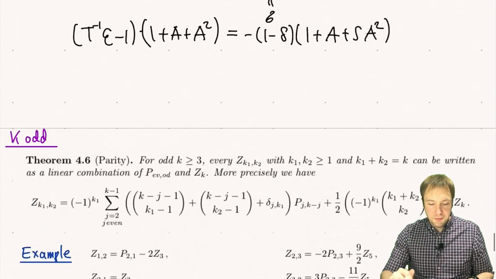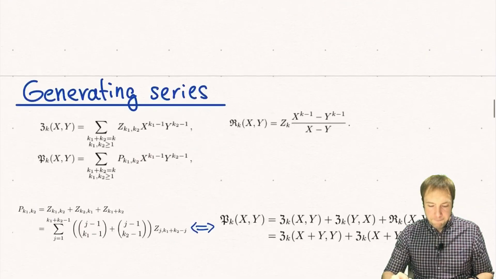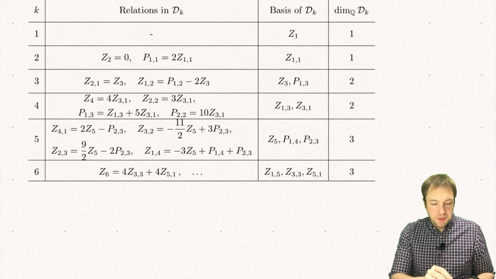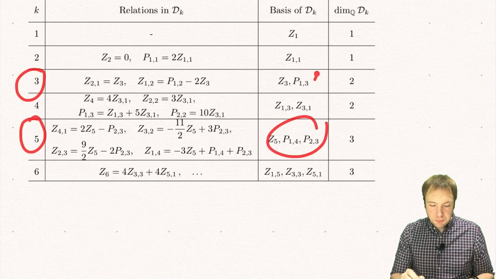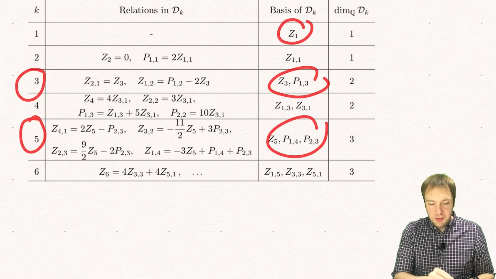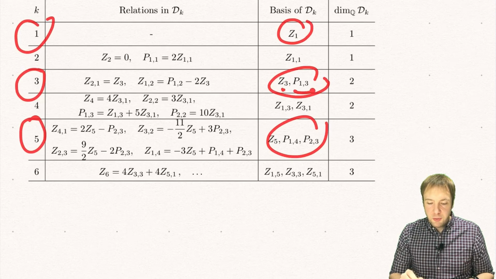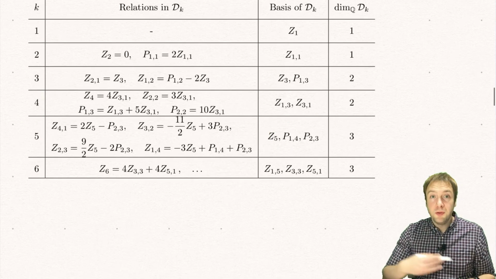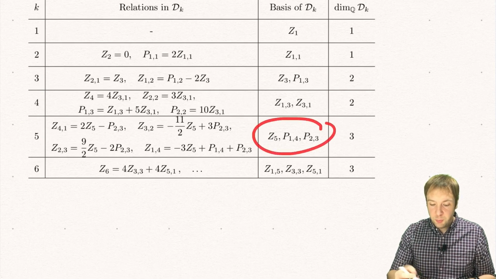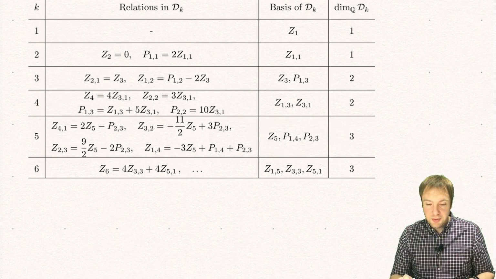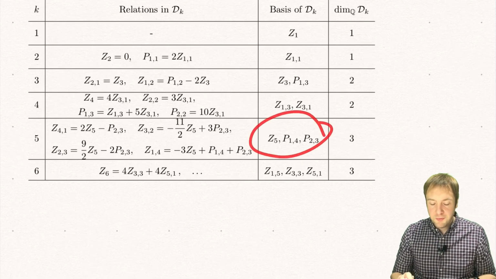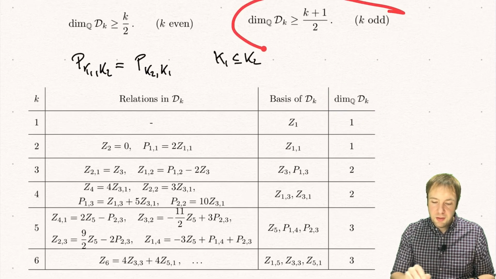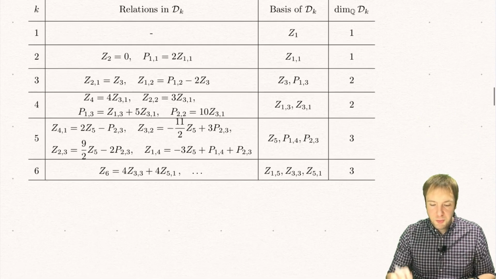at the beginning I gave this table here for relations in dk, and the statement was that in odd weight these zk and these products give a basis, and this follows now from this. At least we can see that these generate our space, and because the number of these is exactly the dimension dk, we actually get a proof of this dimension formula here, which we will do in a second.